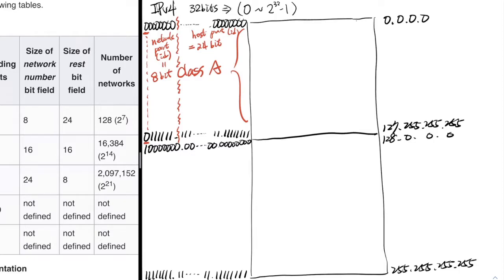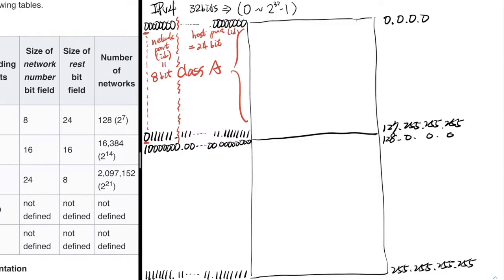Okay, we define all the IP addresses in class A. The network part has 8 bits and the host part has 24 bits. So in this case, we can divide these IP addresses based on the unique network part.